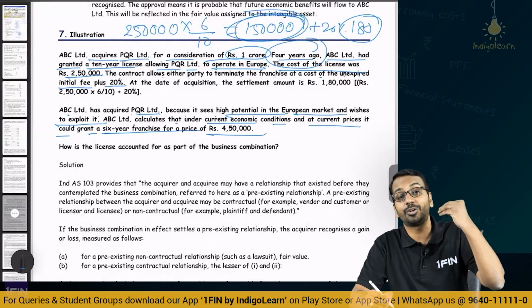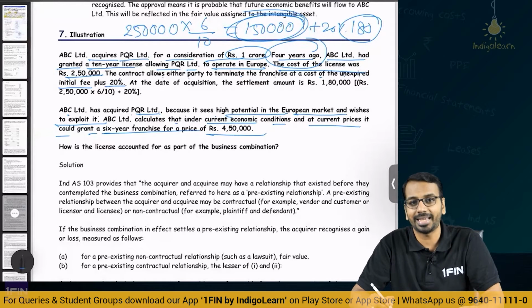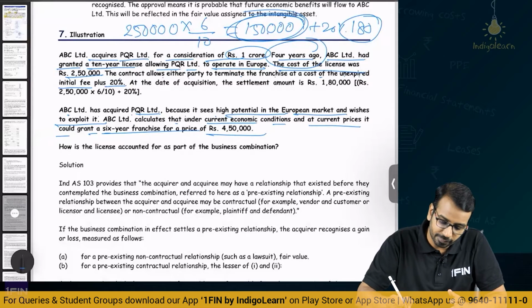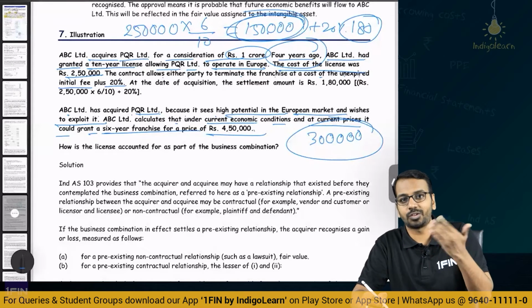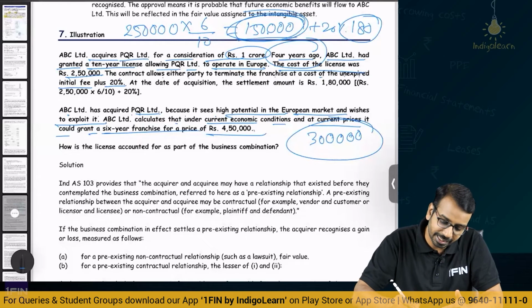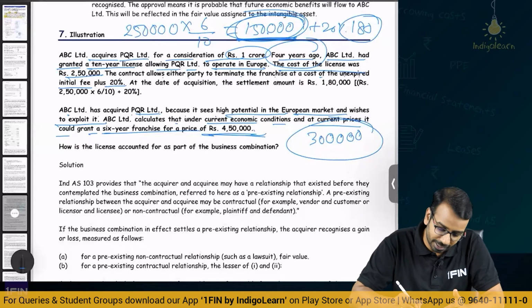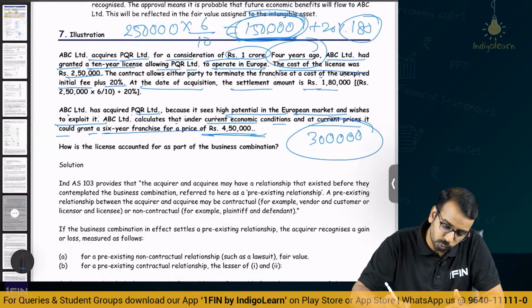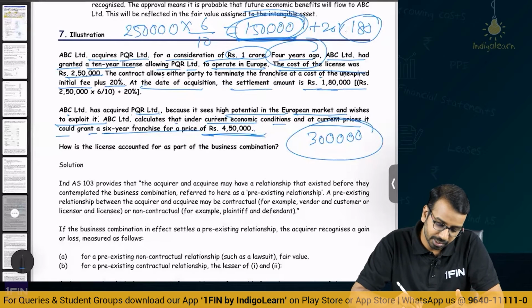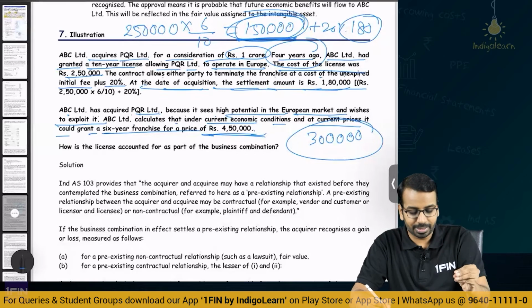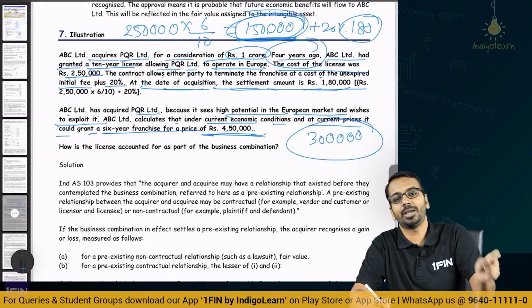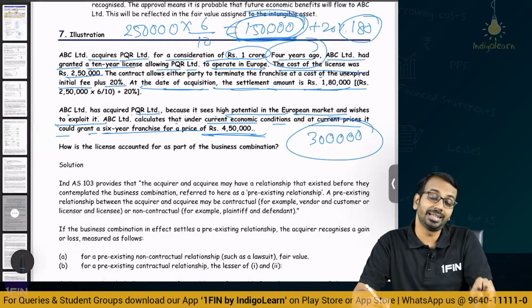Today, if I want, I can give it off at 450, which means 150 minus 450, there is a potential benefit of 3 lakhs to the acquirer, and there is a potential loss of 3 lakhs to the other party because they are surrendering something which has a book value of 150, market value of 450. And at the date of acquisition, the settlement amount is 1,80,000. Means if ABC Limited wants to cancel that agreement, they have to pay 1,80,000 and they can cancel the agreement.